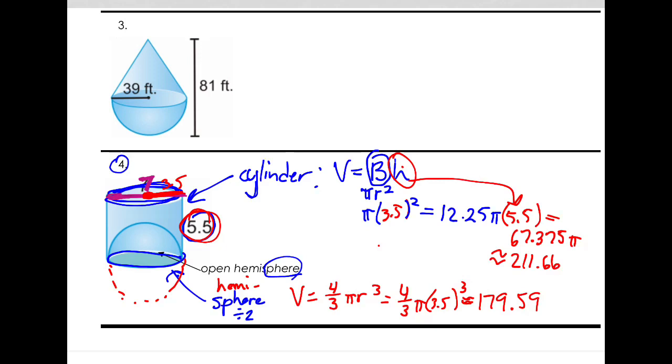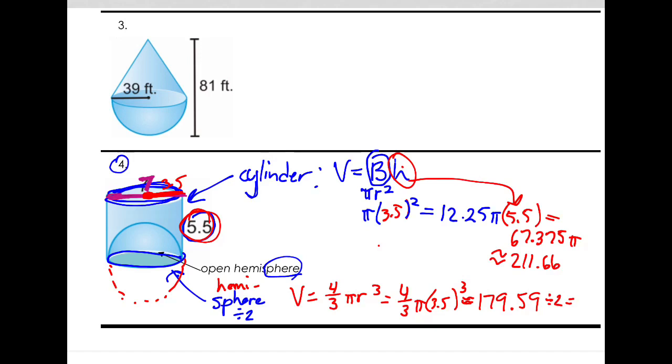So now remember, we just found the volume of a sphere if the entire sphere was there, but it's not. We're actually only looking at a hemisphere, so we have to divide by 2. Alright, so we're going to divide this number by 2.